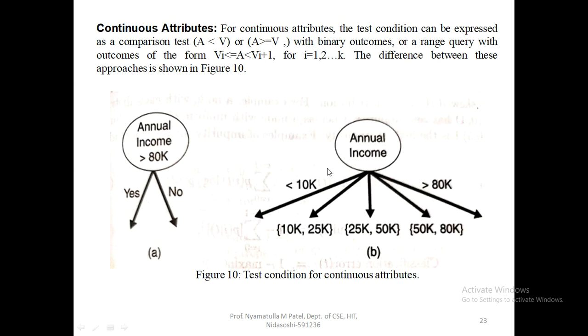Now, annual income less than 10k and greater than 10k is the comparison test condition. Along with this, I am adding range queries: the group of people having annual income between 10k and 25k, another group between 25k and 50k, and another group with a salary in the range 50k to 80k.